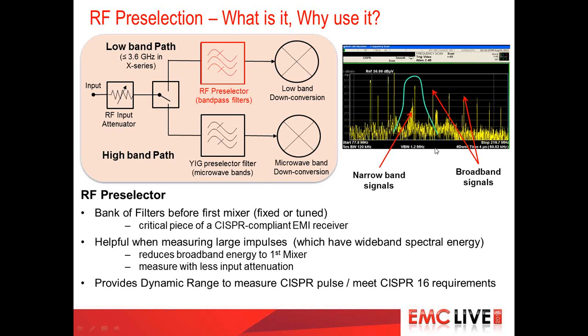So what happens in the DSP? That's where the resolution bandwidth filters and the detectors get implemented, and we're going to go into more detail in just a few minutes. And lastly, the log amp is also implemented there.